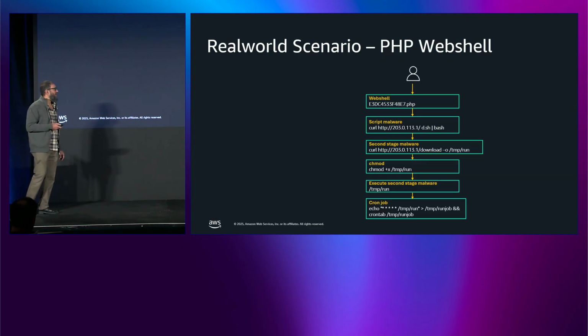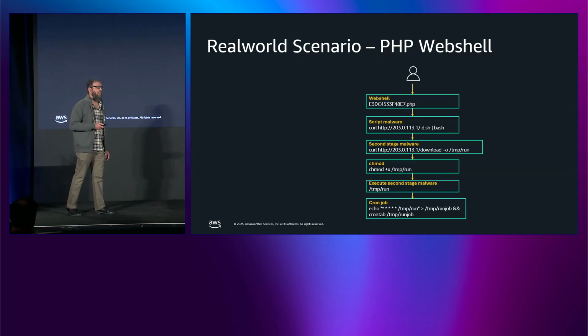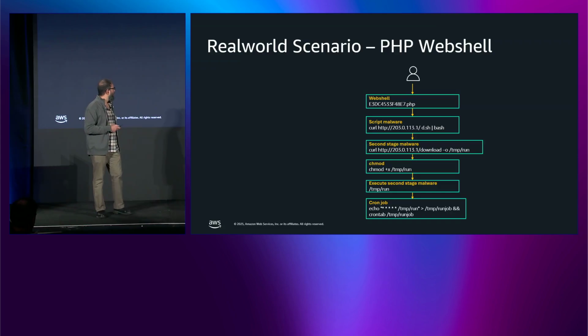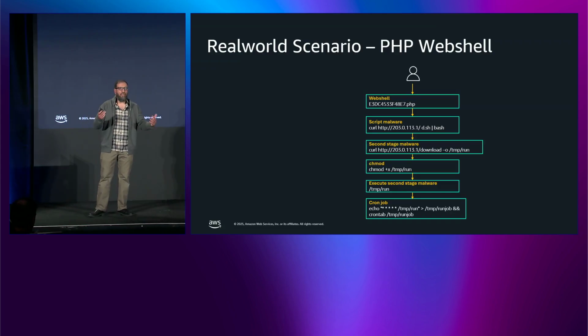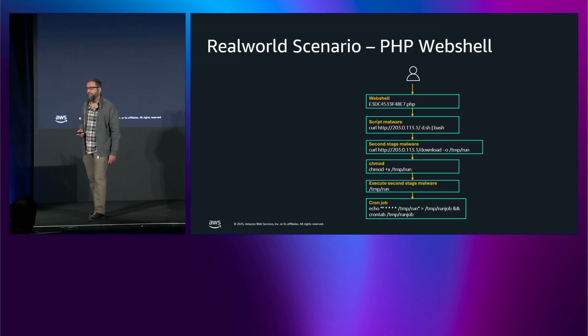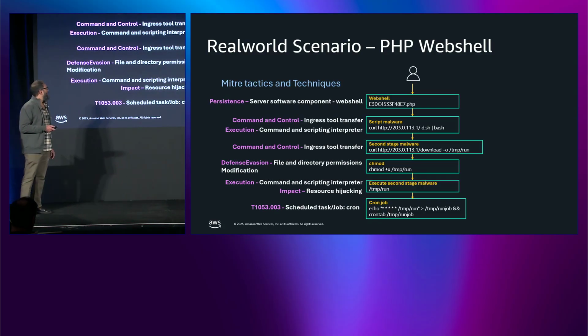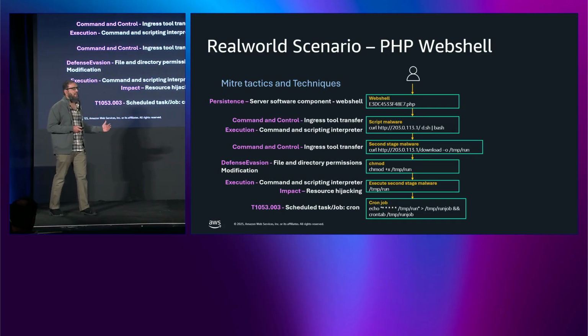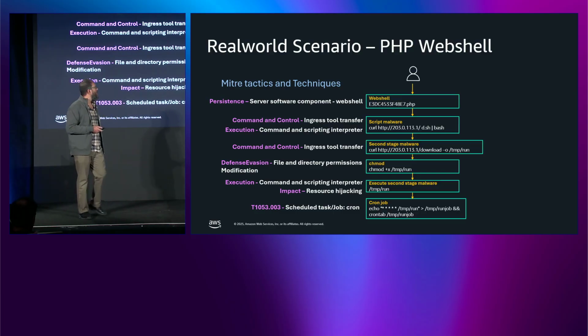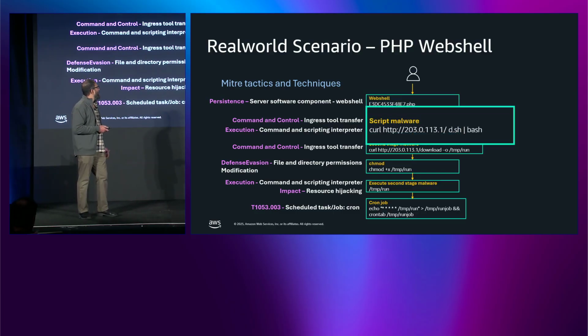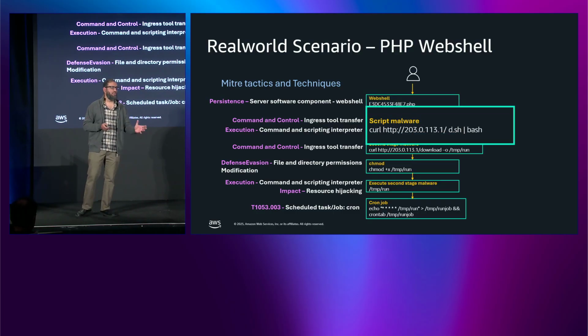And usually, the attackers also persist the execution of the second stage malware by creating a scheduled task or a cron job. You can see that all of these actions or activities map to specific MITRE tactics and techniques. You can also see that we learn about specific patterns used in these techniques.